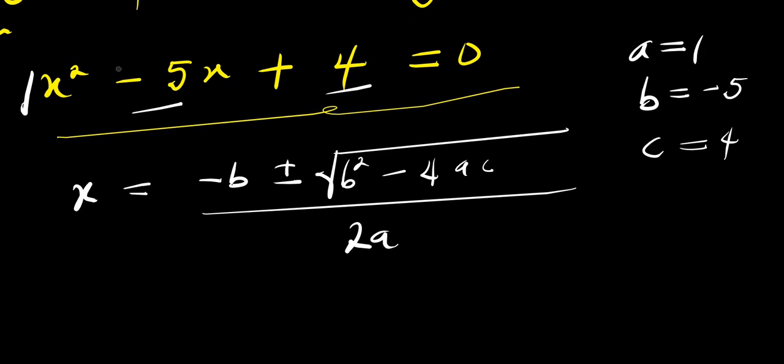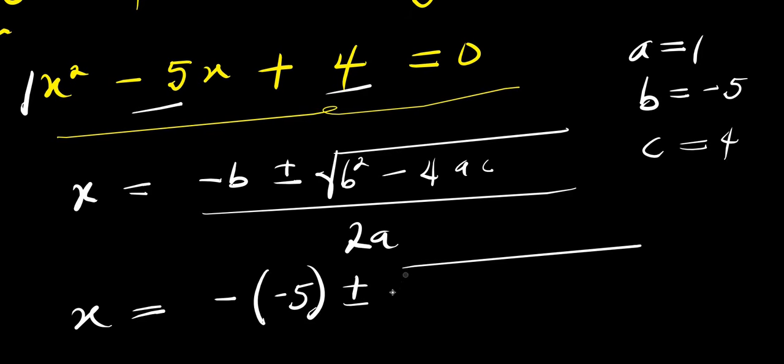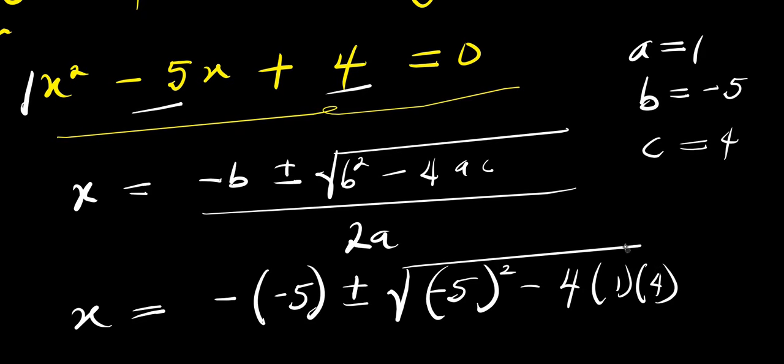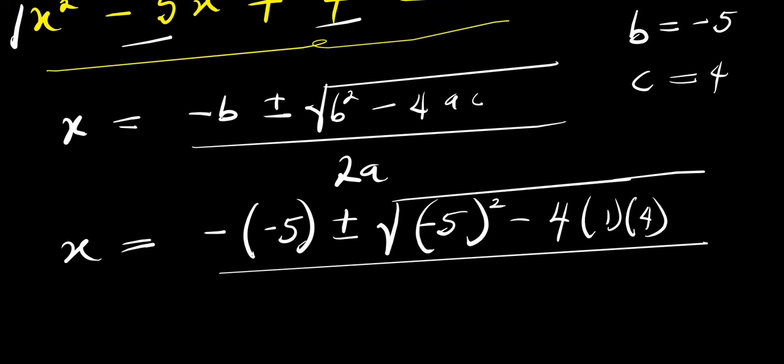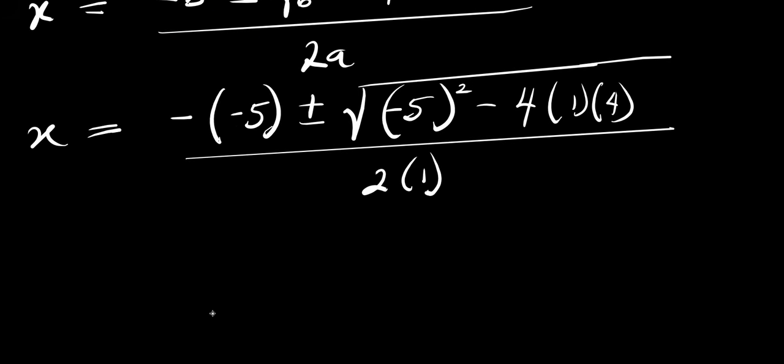Let me insert them into this formula. I'll have x equals negative b, negative times negative 5, plus or minus square root of negative 5 to the power of 2, minus 4 times 1 times 4, divided by 2 times 1. That's 2 times a.